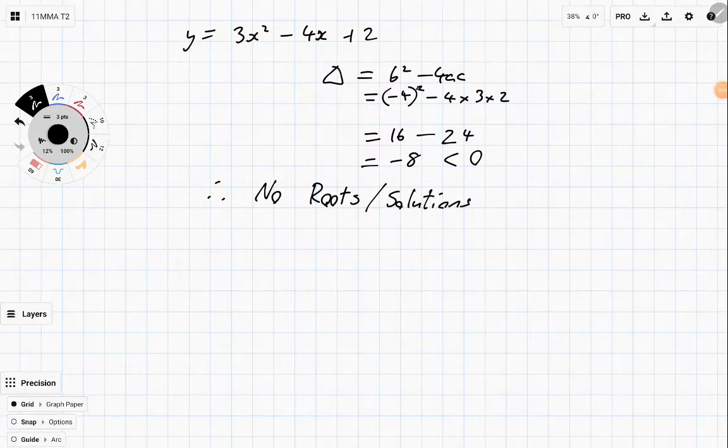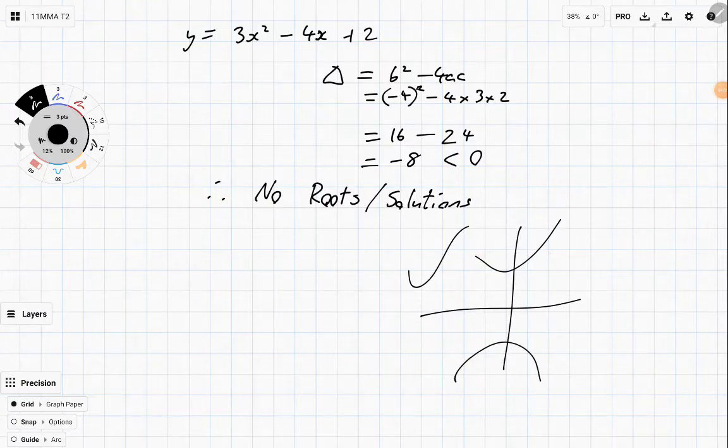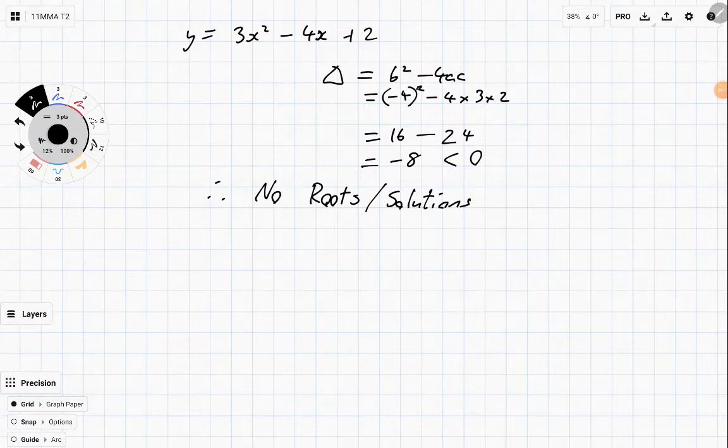Done. This, when you graph it, will not touch the x-intercept anywhere. It'll look like one of those graphs where it does not touch the x-axis at all. Okay? So that's easy. Let's have a look at another.